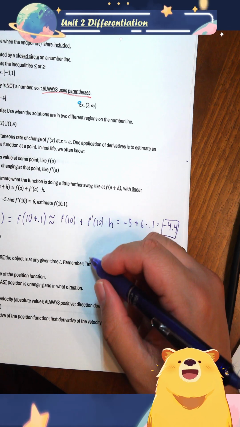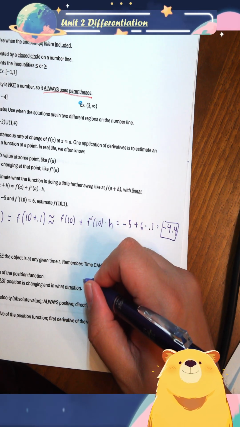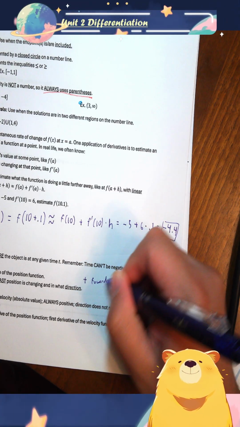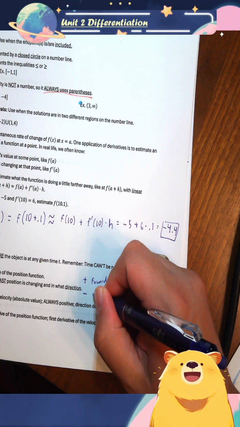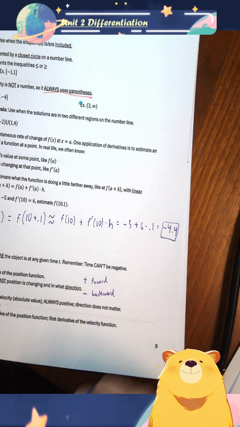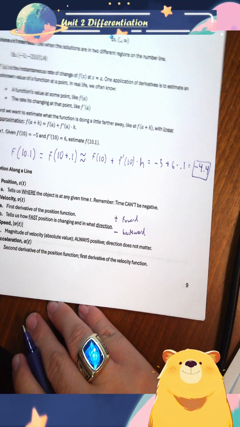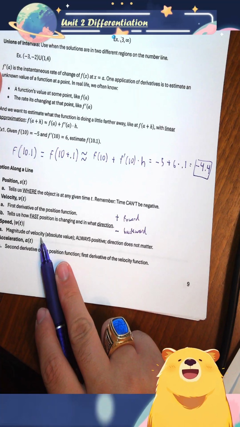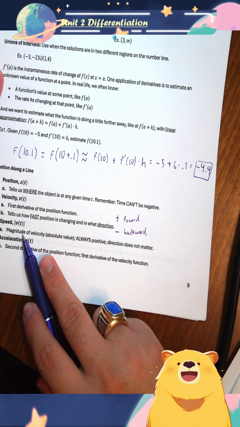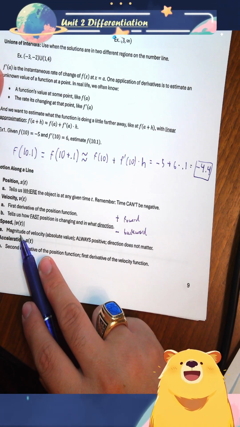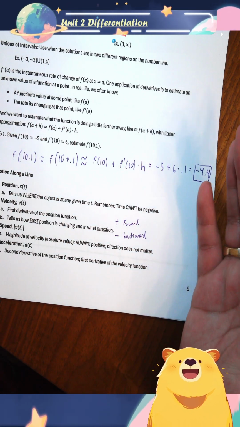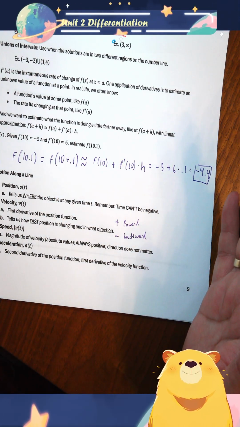This direction part is important because if it's positive, that means we're moving forward. But if it's negative, then that means we're going backwards. Speed is the magnitude of velocity, the absolute value. You know how in cars we have a classic speedometer that goes from 0 to whatever.